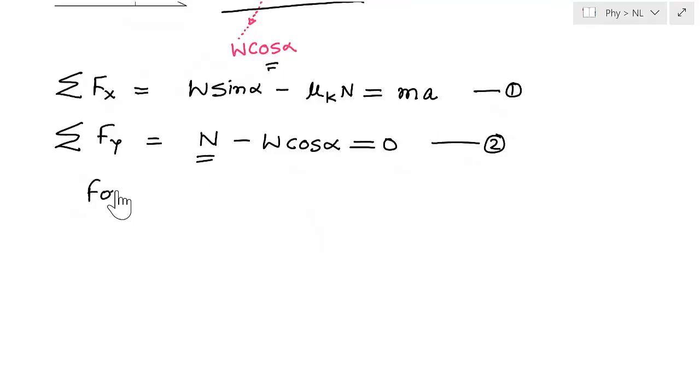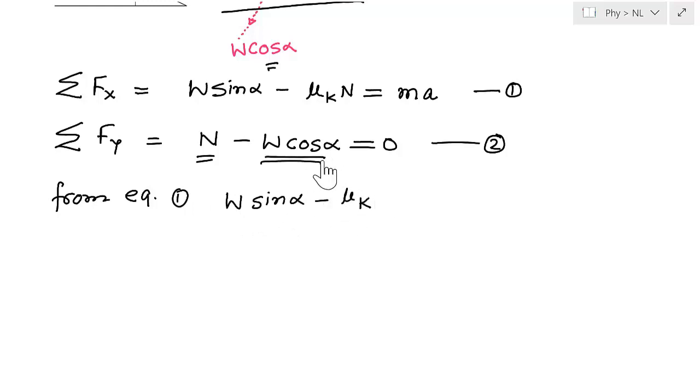So from equation 1 I can write W sin alpha minus mu k, and N is nothing but W cos alpha. So this is W cos alpha. This is equal to, and we said mass is nothing but W divided by g, times acceleration.